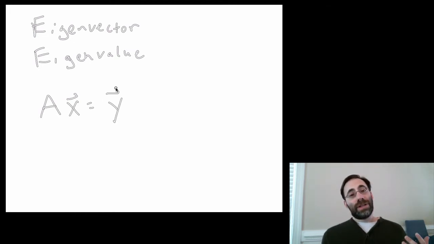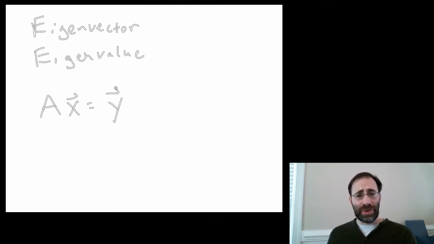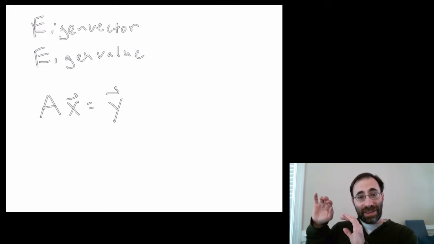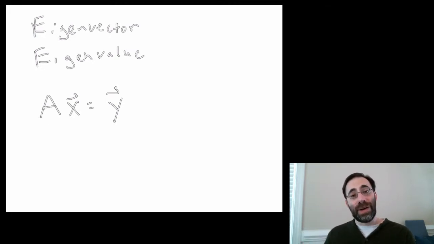So this is how we dealt with matrices in the previous lecture. You had some operator A, some matrix operator that transformed a vector x into a different vector y. Okay, and I apologize for my voice here. I've been under the weather for a week or so. So this is one way of writing a matrix equation.